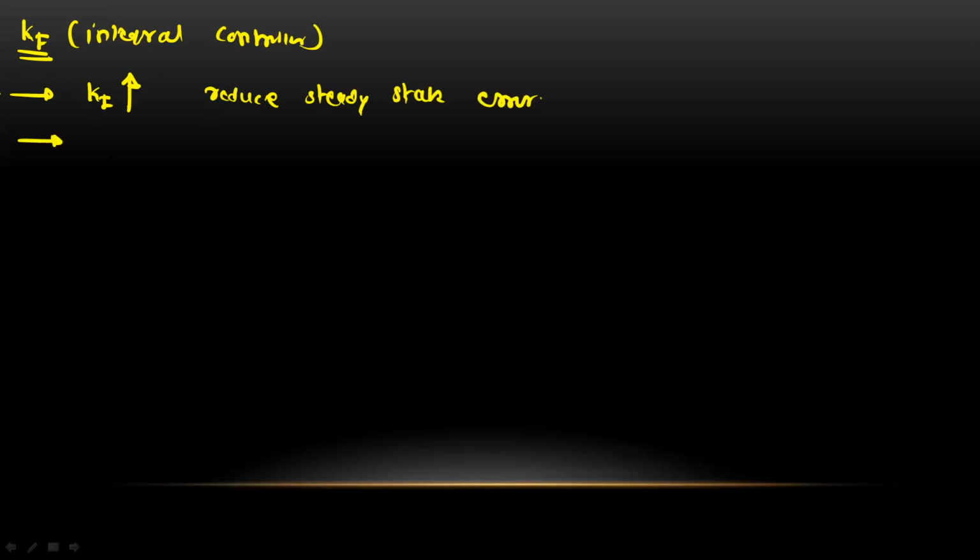And also if Ki is too high, then it will cause overshoot. What is the meaning of reducing steady state error and causing overshoot?